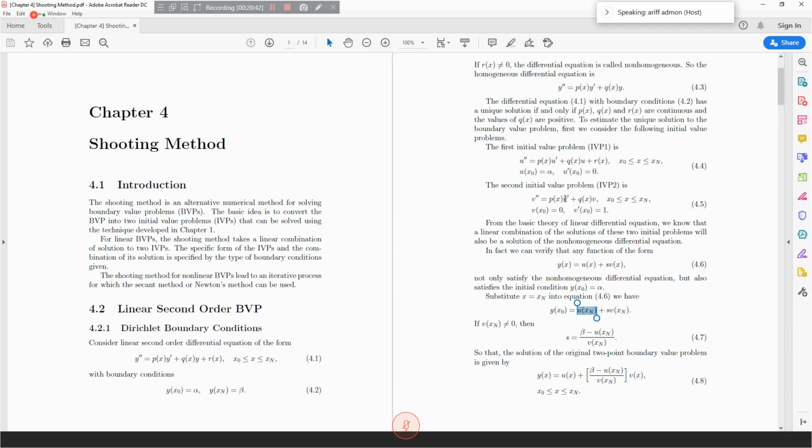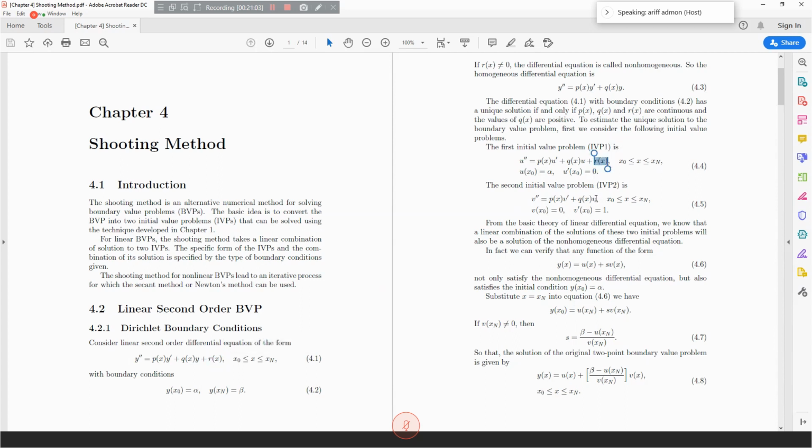But look closely here. In this IVP2, your r(x) disappears. There is no r(x) here. It means that if your r(x) is 2x, for example, for IVP1, 2x appears here.